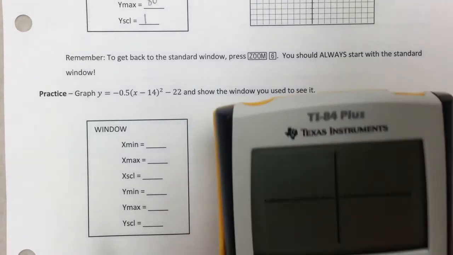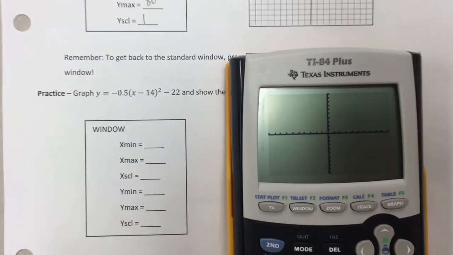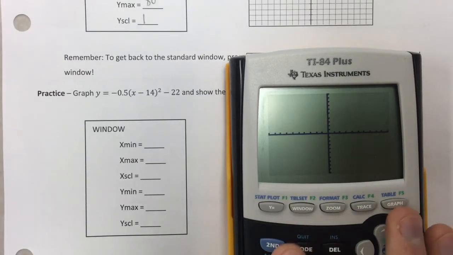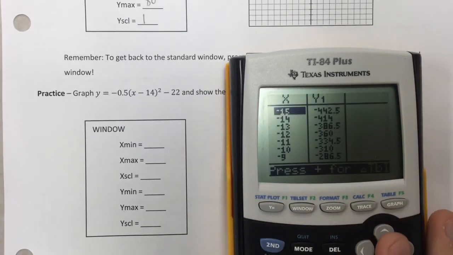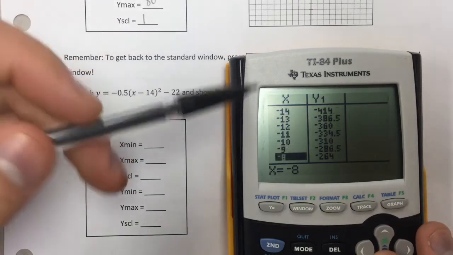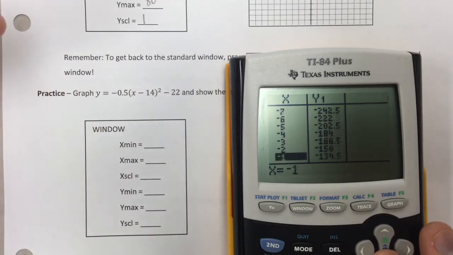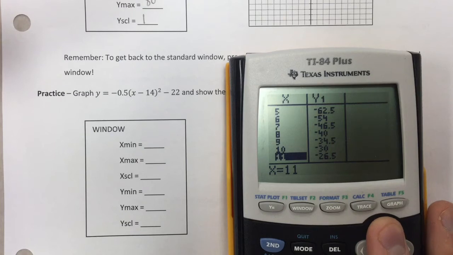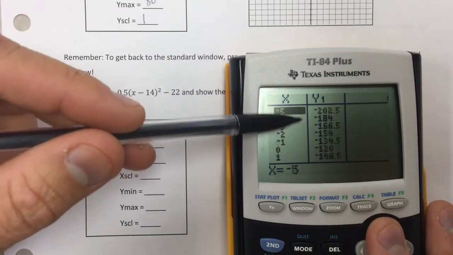All right, so when we look at this, again, when I graph that one on my own, nothing shows up. So I look at my table to try and find what I got. Look at all these negative numbers.